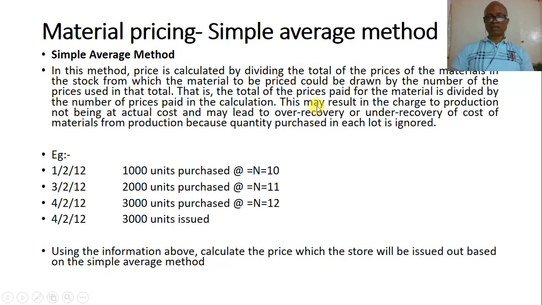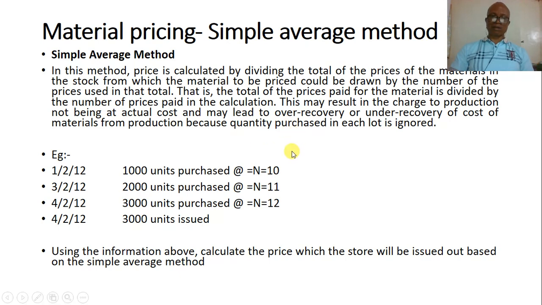But of course this may result in charge to production not being the actual cost, because you are not using the actual cost here. You are only using a derived cost to issue out your stock to the production process, or maybe to your marketers to sell for the organization.